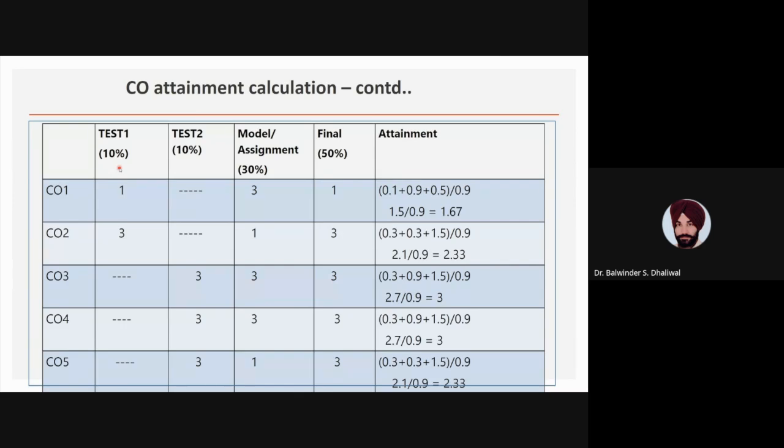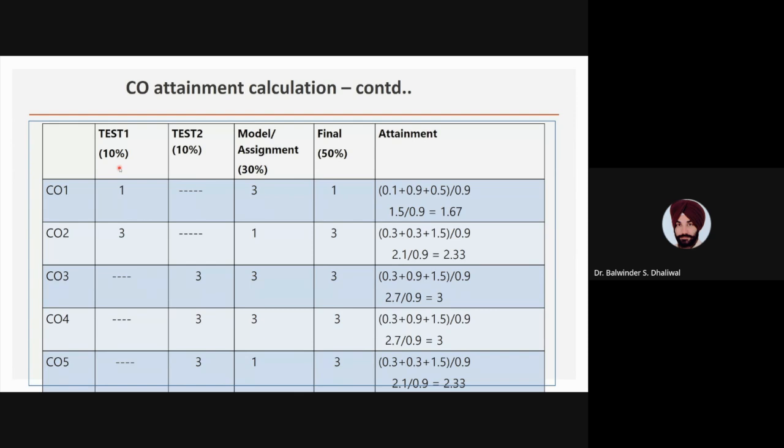Generally in tier 1 settings, where we have access to the end semester examination marks, we can give more weightage to the end semester examination. If we are in a tier 2 institution where we do not have CO-wise marks awarded to students in the final examination, then we can give less weightage to the final examination. We can give more weightage to the internal tests or those assessment tools for which we can calculate CO-wise attainment marks.